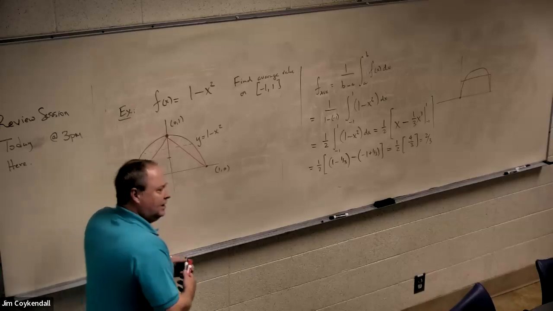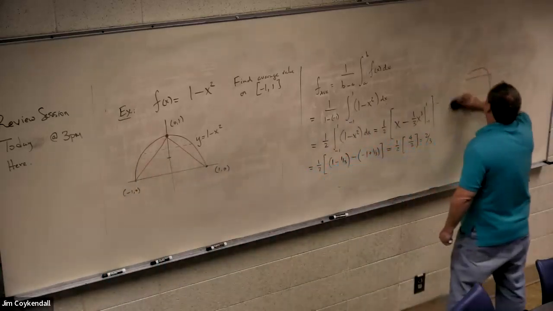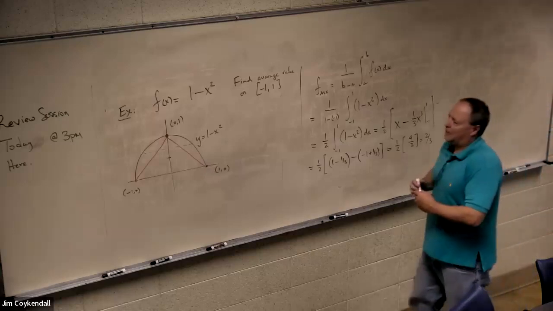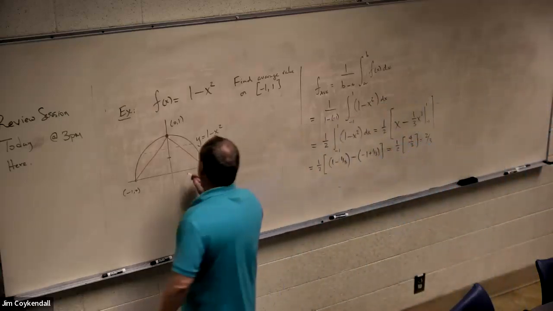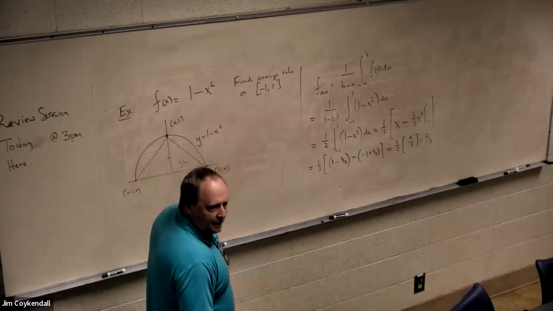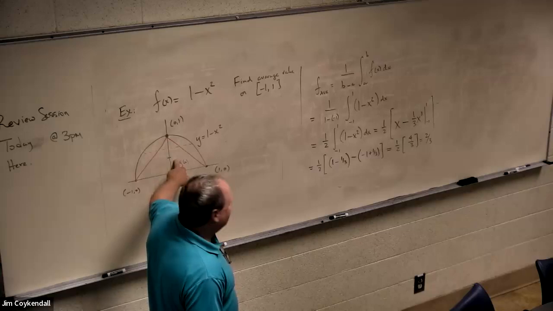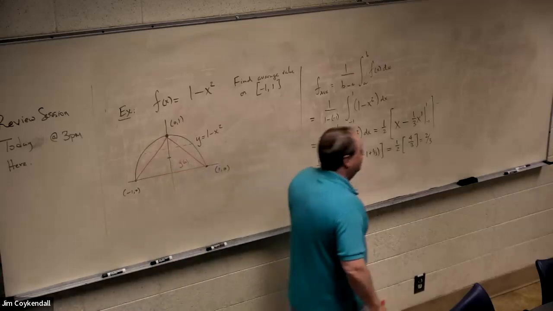Well, let's check that. Let the triangle be g of x. I could write a formula for g of x, maybe something with the absolute value, but I'm not going to do it.